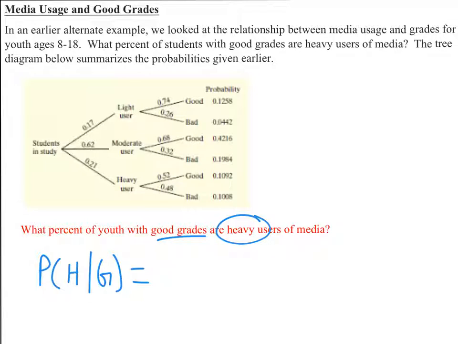What is the probability that they are a heavy media user given that they have good grades? Because it gave us the condition of good grades. So formula-wise, I need the probability of both. That would be all the students that fit both of those events. But it should just be over, not everybody in the tree diagram, just those that fit the condition of having good grades.